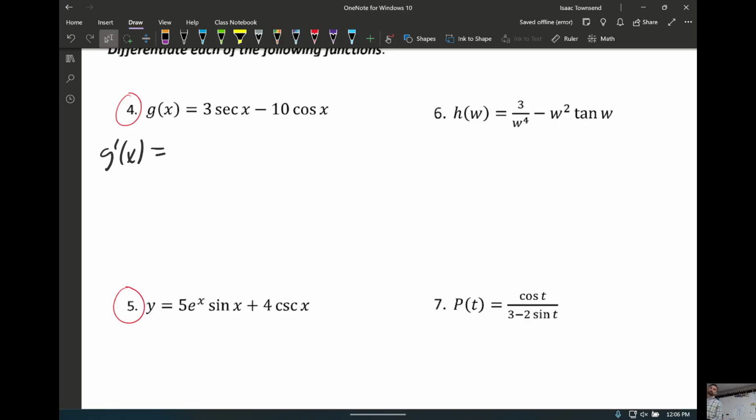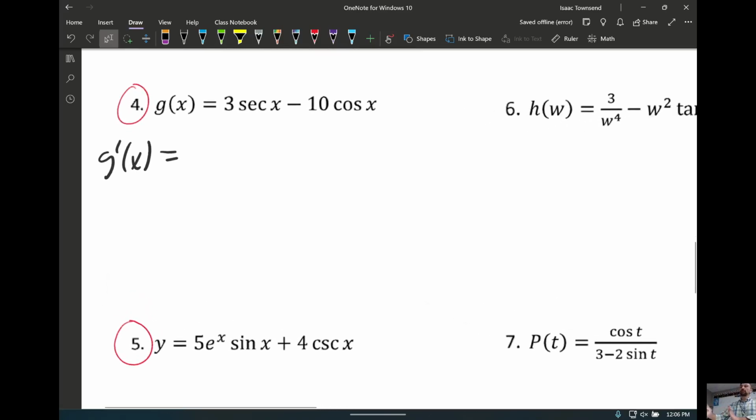Okay, I don't know if that was enough time, but it was enough time for you to see if you went down the right path. So for question 4, for the derivative of this part, you don't need to know anything except that it's going to be 3 times whatever the derivative of secant is. So that was on the top of this page. The derivative of secant x is secant x tangent x.